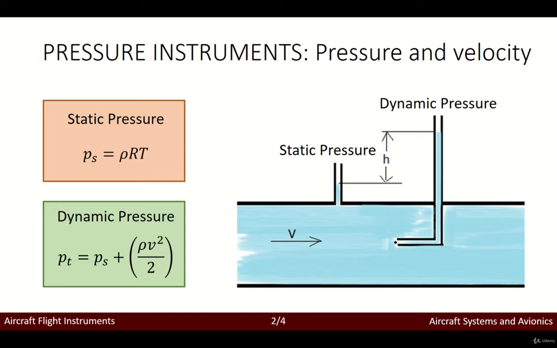Right, so first of all, what we need to know for those instruments which work based on information gathered by pressure is that we have two types of pressure to take into account. The first type is static pressure, and the second one is the dynamic or Pitot pressure.